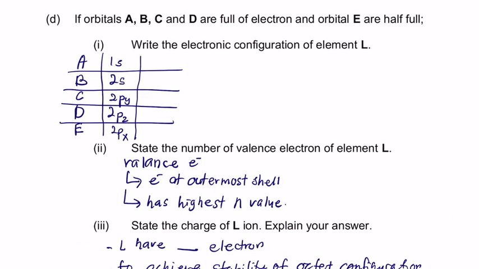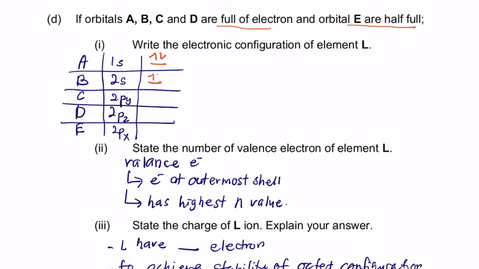And next, if orbital A, B, C, D are full of electron and orbital E are half full, write the electronic configuration of element L. So A, B, C and D full. Full maksudnya apa? You ada dekat sini 1, 2 elektron. So di sini pun 2 elektron, 2 elektron, and 2 electrons.